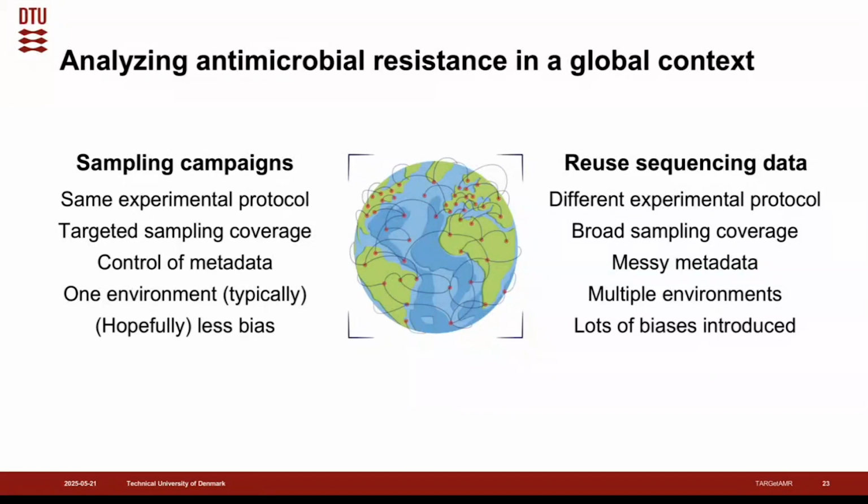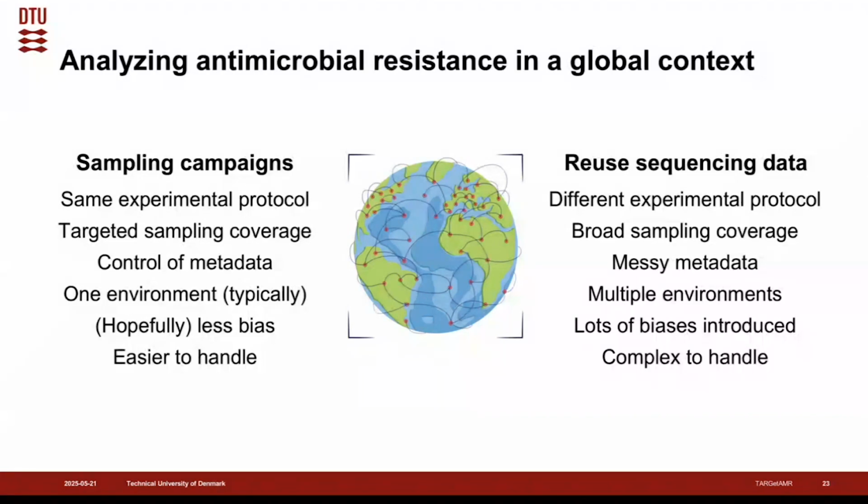I would argue that when you're working with 214,000 sequencing datasets, with all the reasons listed above, there are a lot of unknown biases introduced, because I have no idea how to look into all this and reduce bias. But I hope you have less bias in your dataset when you're working with this targeted sampling of sewage surveillance.